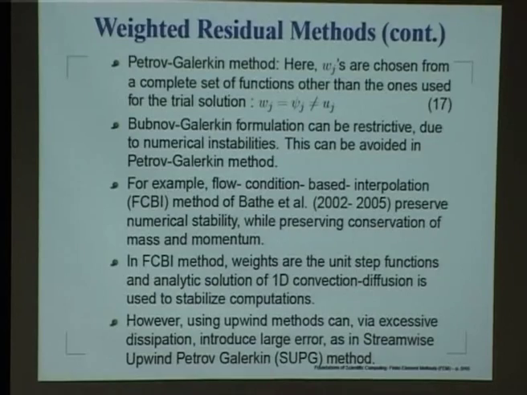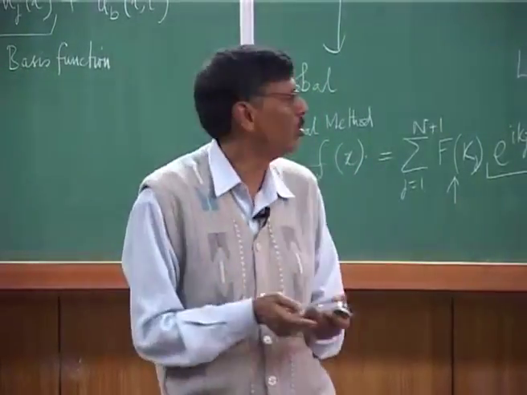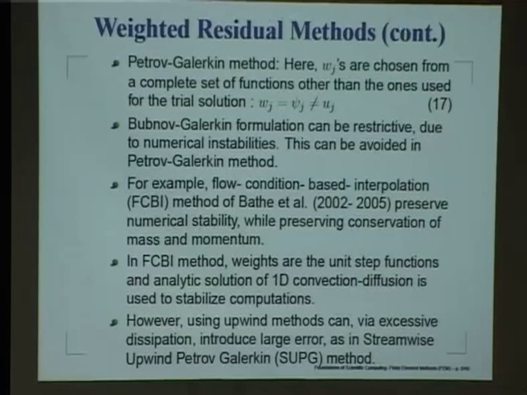In a fluid flow problem, if the flow is going in a particular direction, I will choose my weight functions in such a way that they depend upon the flow condition. That's what it is. It is claimed by Professor Bathe and his group that it preserves conservation of mass and momentum very accurately in flow problems.